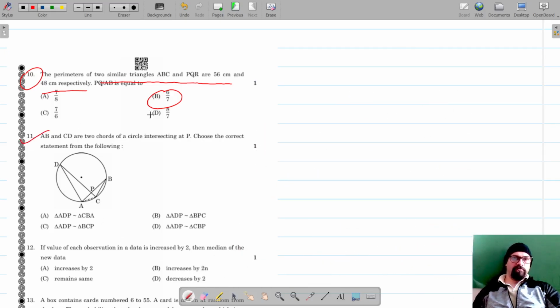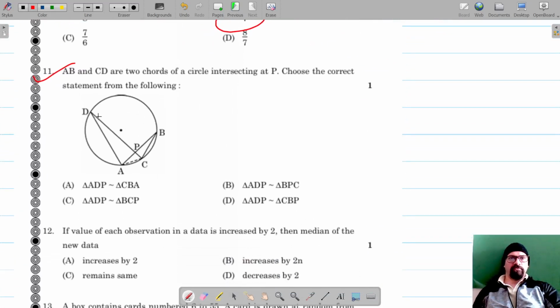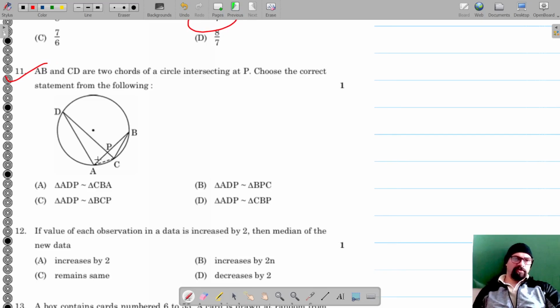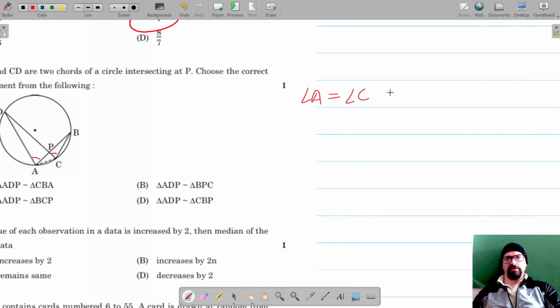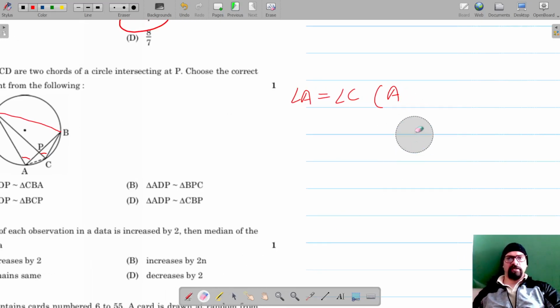For question number 11, it's given that AB and CD are two chords of a circle intersecting at P. We have to choose the correct statement. In this case, in these two triangles, angle A is equal to angle C because these are angles on the same segment DB, and we know that angles on the same segment are equal.